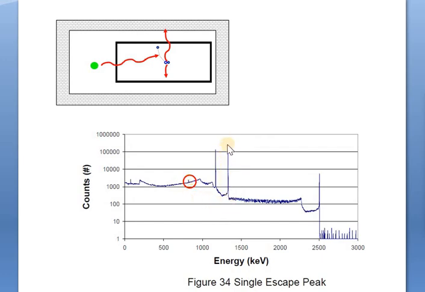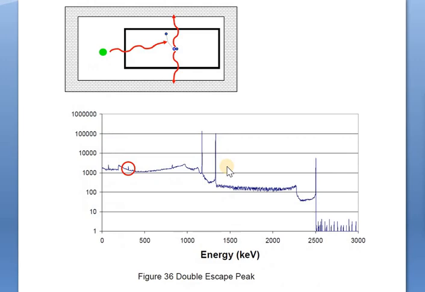You can do the calculation yourself. 1332 minus 511 comes around this 800 keV. So this is the single escape peak corresponding to 1332. Also, we can have a double escape peak. You see here, again minus 511, then you can see the double escape peak, and the scenario is like this. We talked about it yesterday as well.